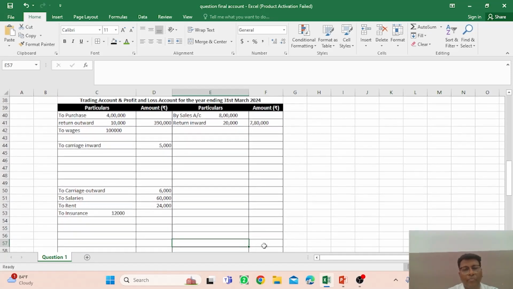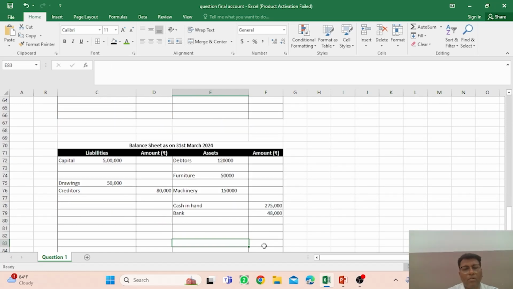I show you: what is the value of debtors? 1,20,000. So you have to calculate 5% of this amount. We calculate it: 1,20,000 into 5 divided by 100. So this is the amount, rupees 6,000.